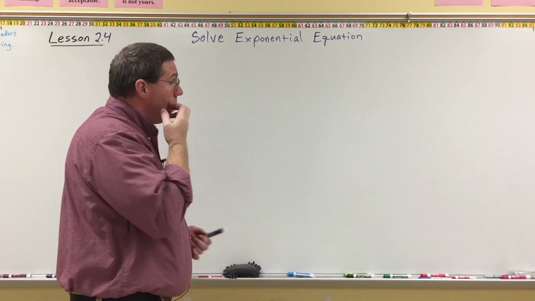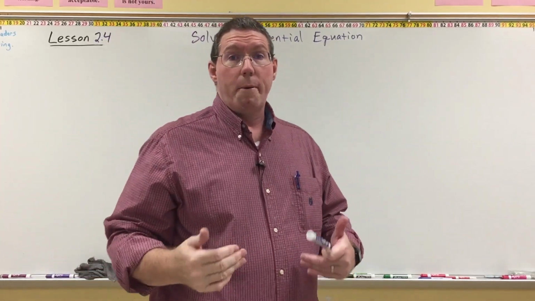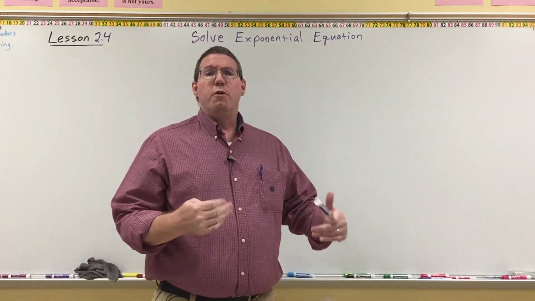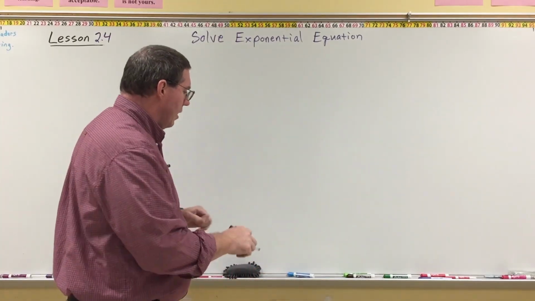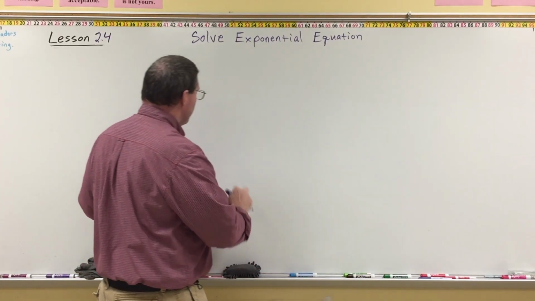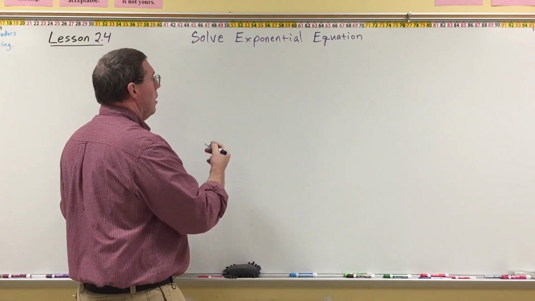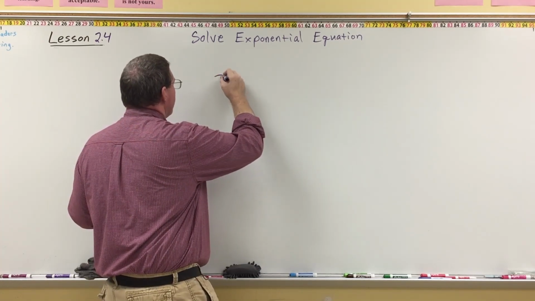So what we'll do is I want to build your skill. I want to level you up. I want to train you with a few steps or a few techniques, a few abilities, okay, specific skills. So let's start with the most simple of all exponential equations. Let's go back to 3 to the x.